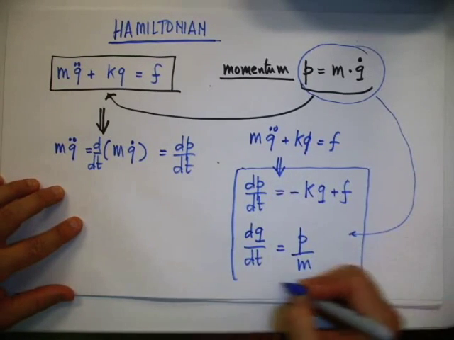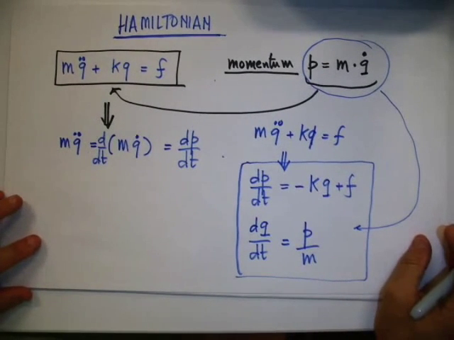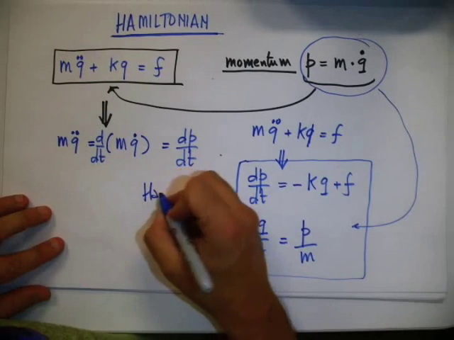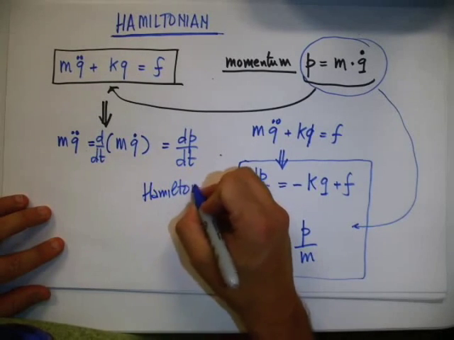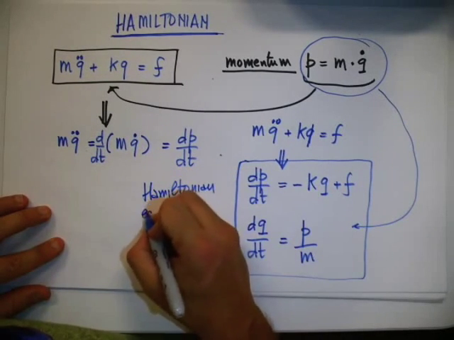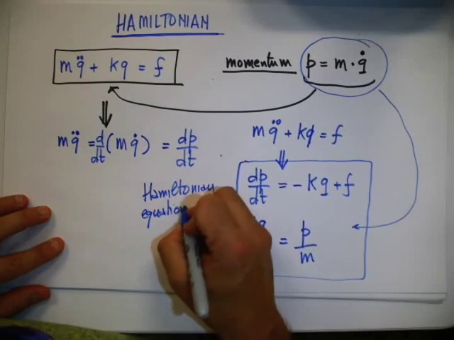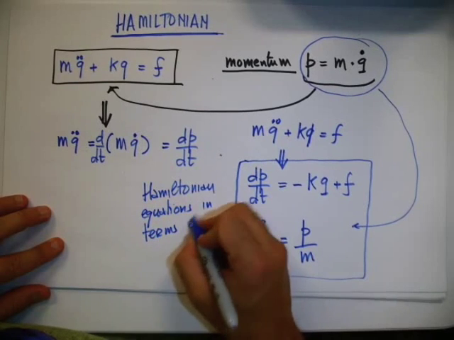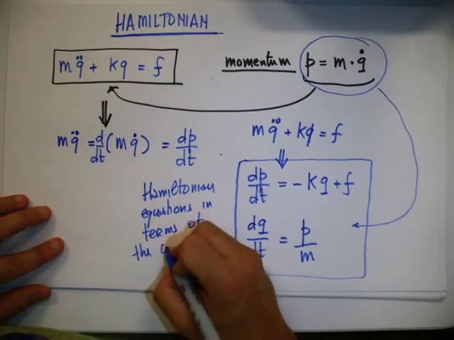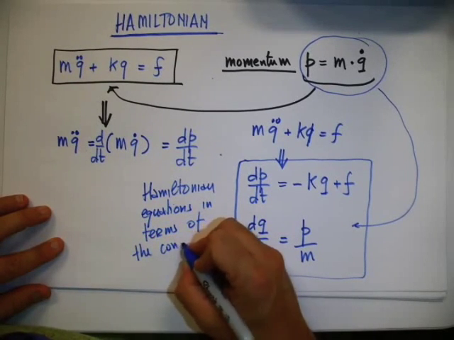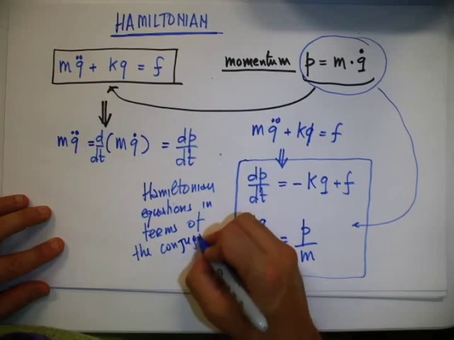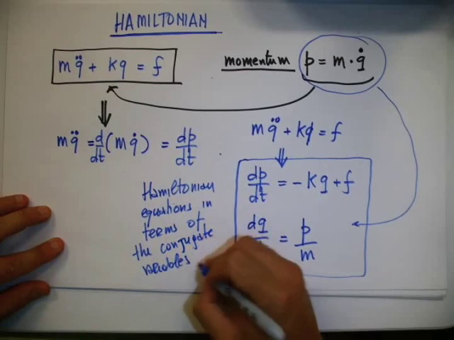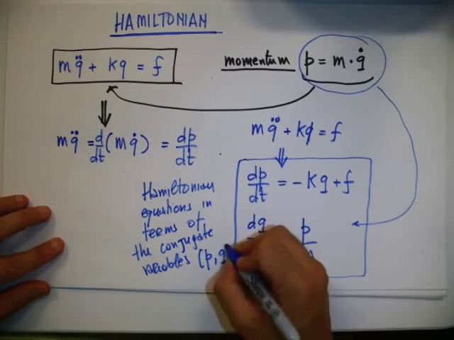Well, this is a simple rewriting of our equations, and these are basically the Hamiltonian equations in terms of the conjugate variables p, q.